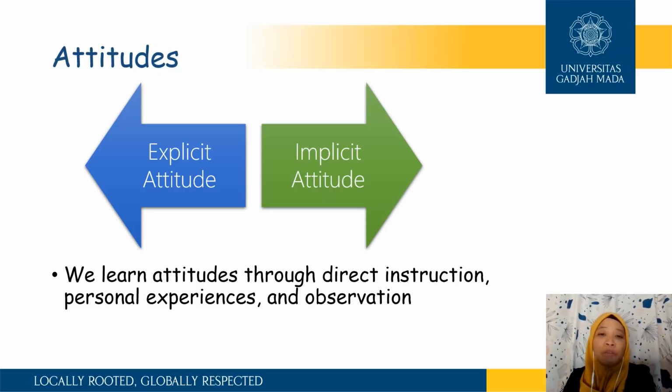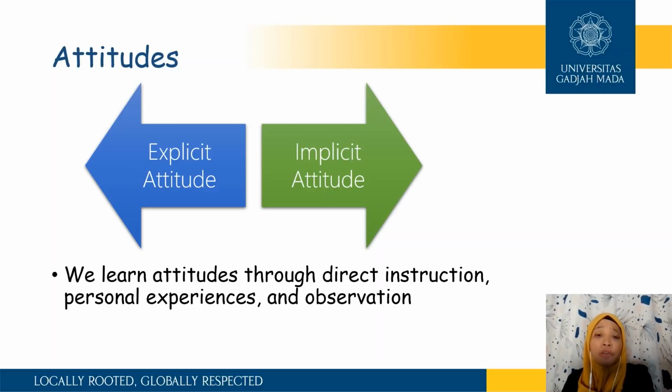But the way we behave, maybe it's actually displaying some negative attitudes towards a particular group. For example, maybe we're avoiding making friends with these particular groups, or we associate them with some type of negative traits or characteristics without us even being aware of it.